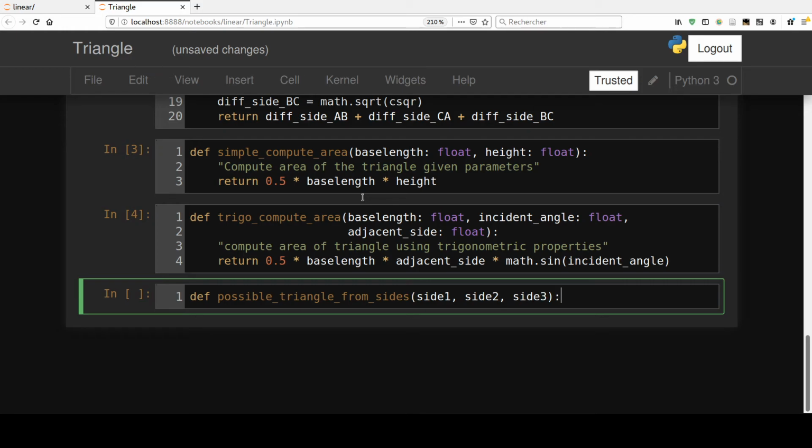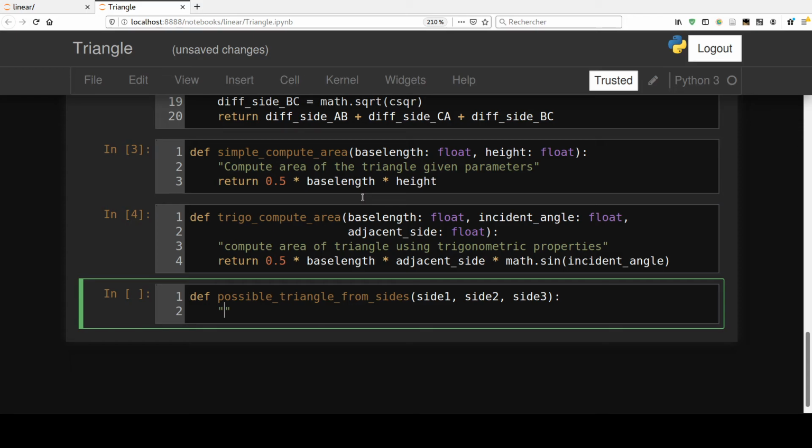What do we know? We know that for a triangle to be possible, that is, if we want to draw a triangle, there are certain criteria that we need to assume. One of the simpler ones involves the size of the triangle.